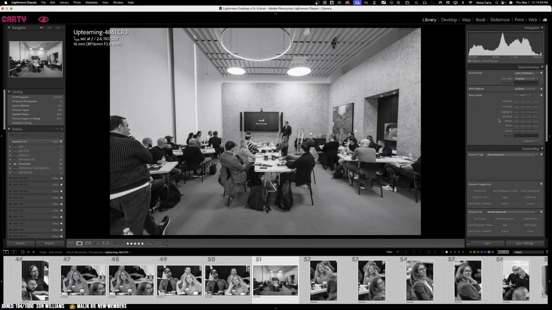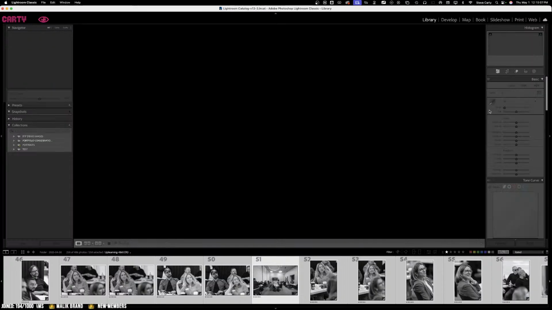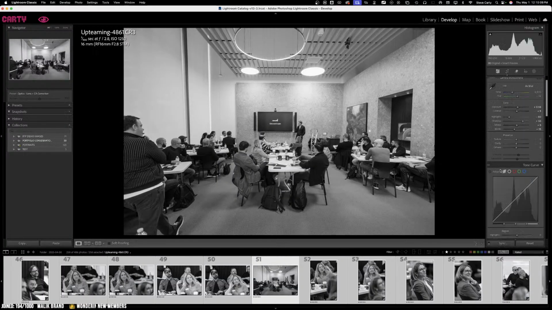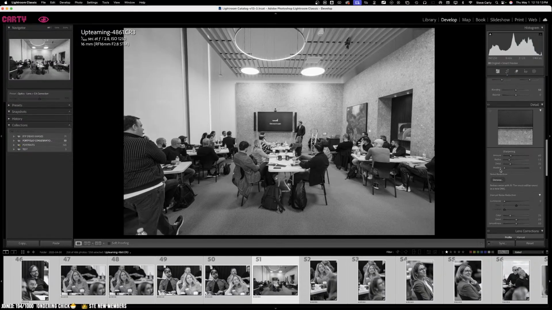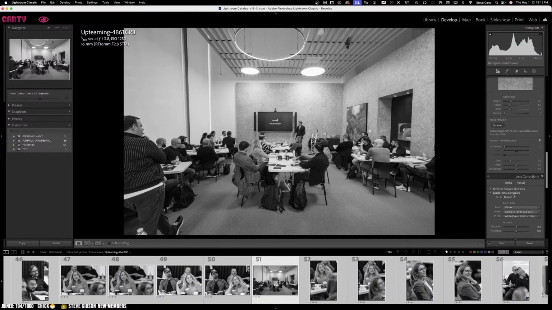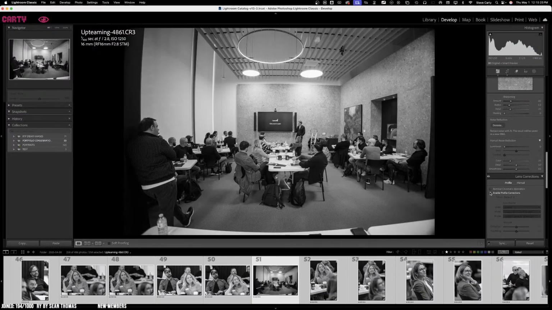Okay, perfect. So this is an image. Let's go to develop and let's go down here to lens correction. It's right here. Remove chromatic aberration. Look at the difference when I take this off.